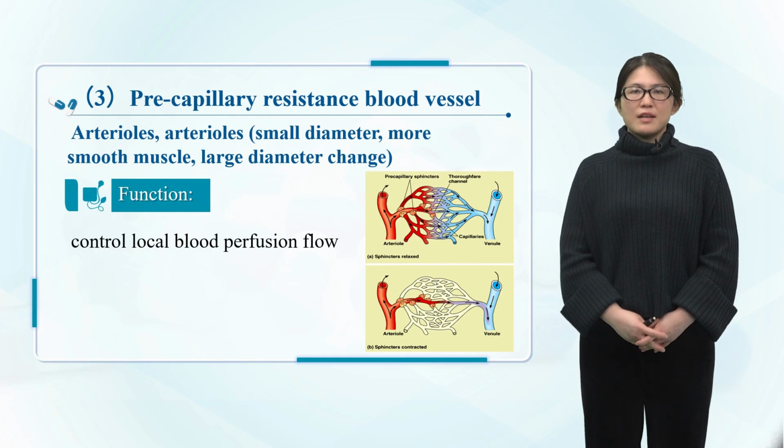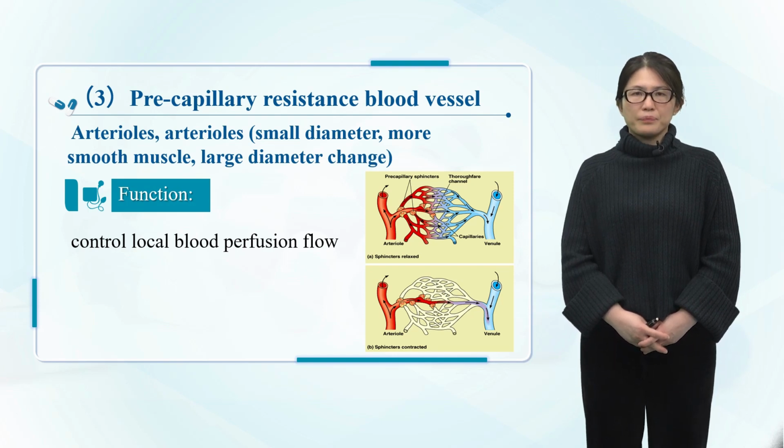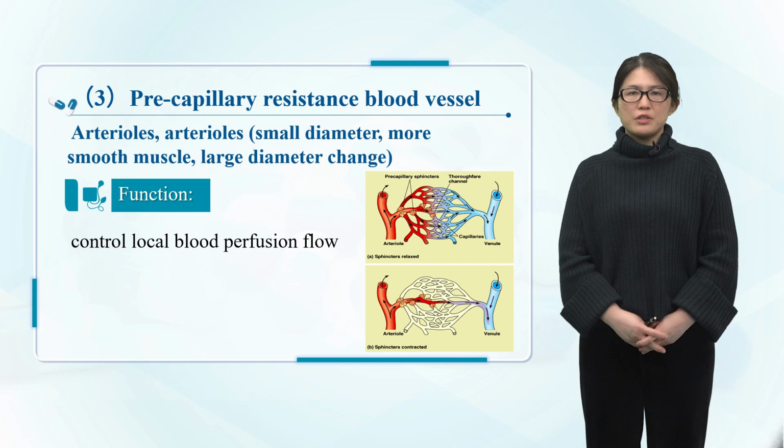Capillary resistance blood vessels include arterioles. Arterioles are enriched in vascular smooth muscle and maintain a certain degree of tension constriction under physiological conditions.